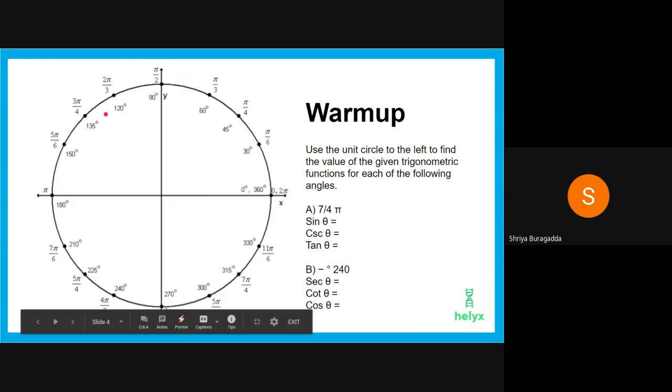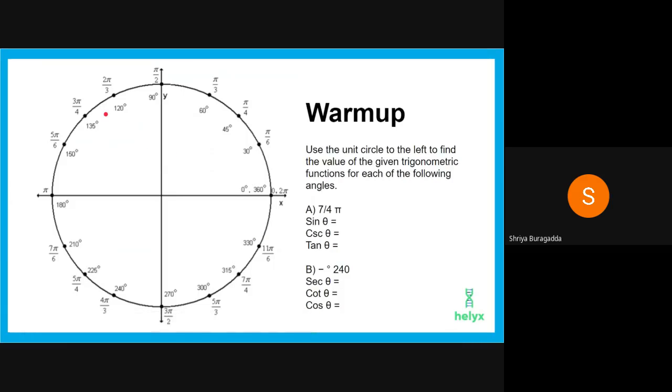So negative 1/2 divided by root 3 over 2 gets us negative root 3 over 3. So those are our answers for all of those. Just let me know if you have any questions.